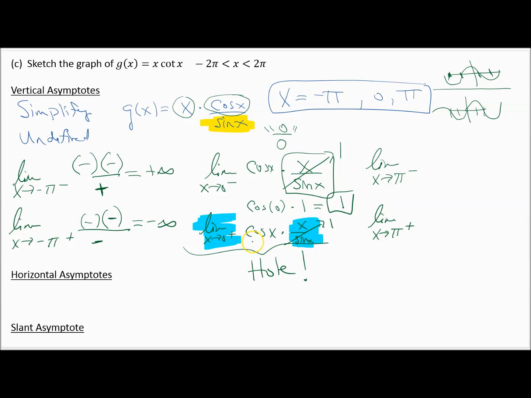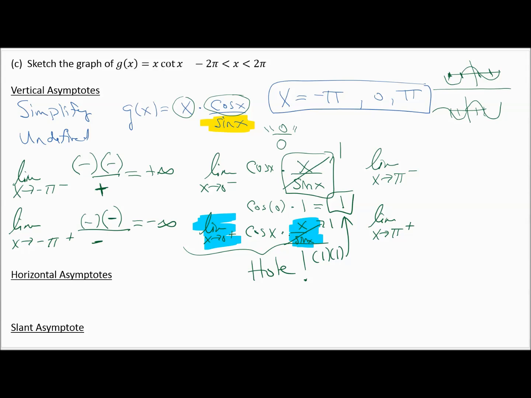And then I'm plugging in 0 into this part, which also gives me 1 times 1, which is the same 1 we got right there. So again, if you have an undefined spot, but it has a limit, and the limit from the left and the right match, which is what happens here, it means we have a hole in the graph right there. So that's something to look forward to, or not, or something to dread as you go through.